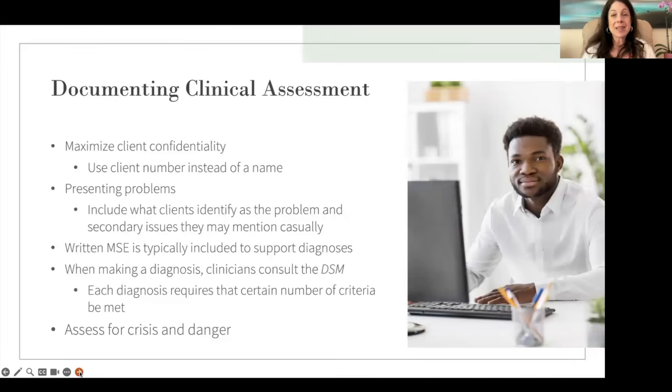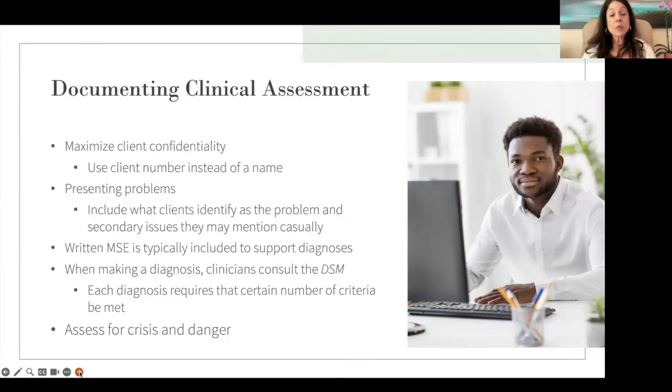You'll definitely want to identify what the client says the problem is. So what's the presenting issue? What do they come in saying the issue is? Then use a mental status exam, usually a written one, to identify some of the major symptoms. That can vary widely between outpatient and inpatient, and agencies have very different looking mental status exams.